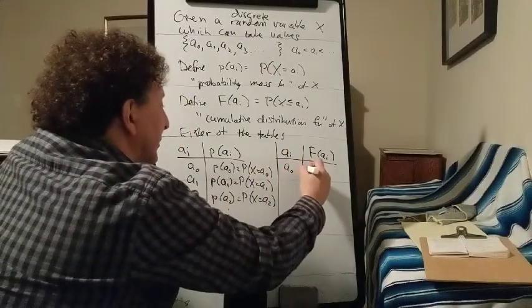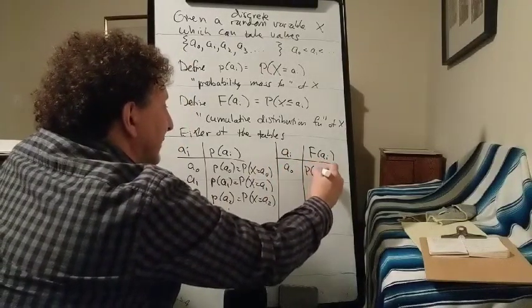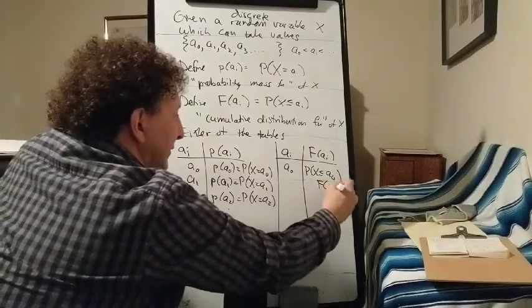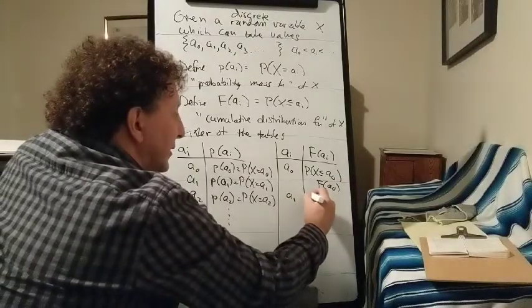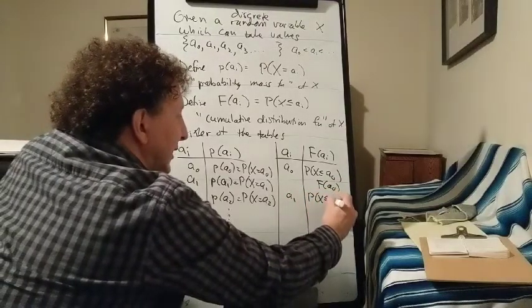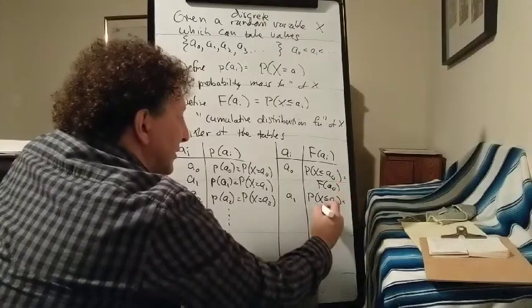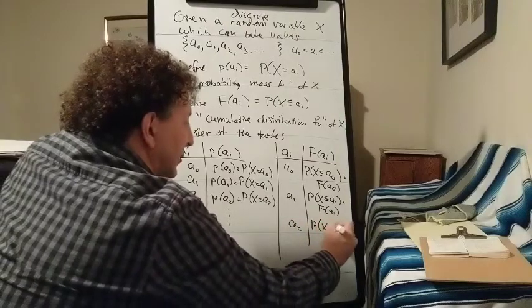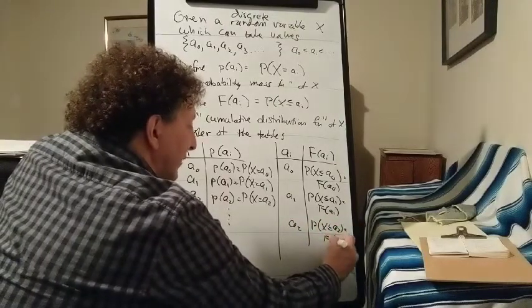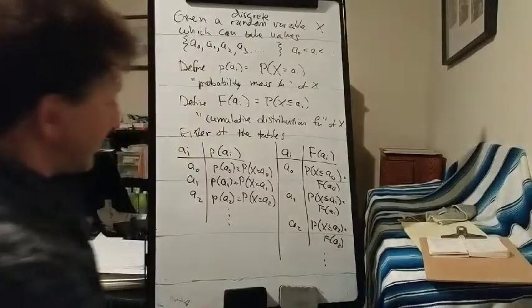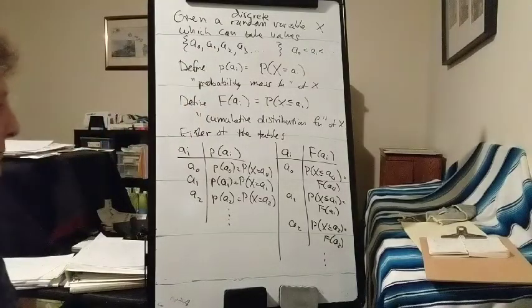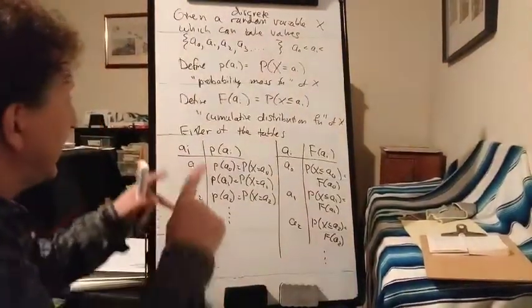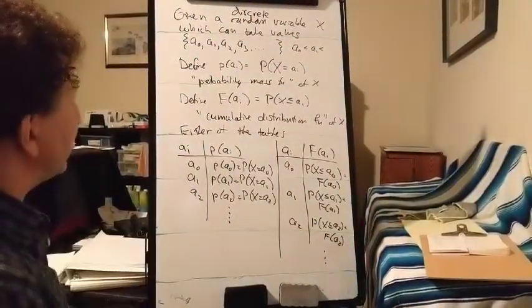So a0, the probability that X is less than or equal to a0, which is F of a0, and then a1, the probability that X is less than or equal to a1, which is F of a1, a2, the probability that X is less than or equal to a2, in other words F of a2, etc. Now, either of these tables is called the distribution of X.